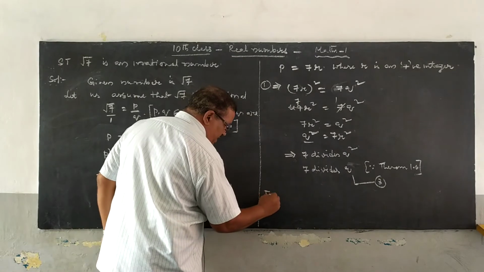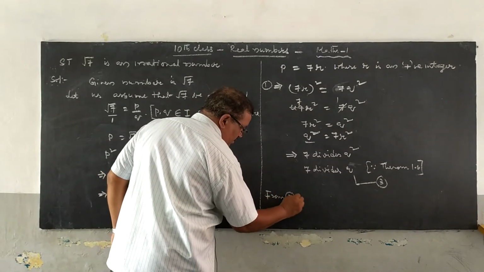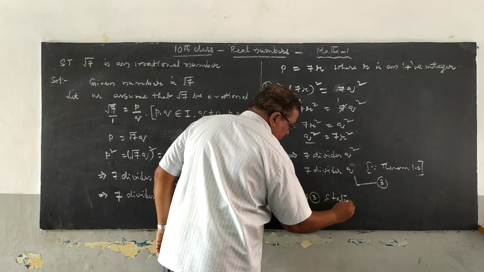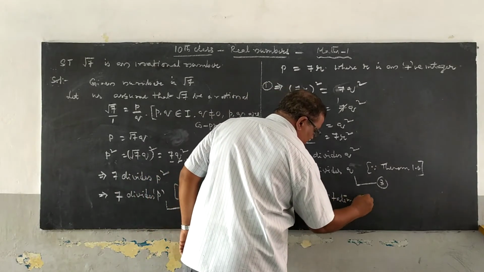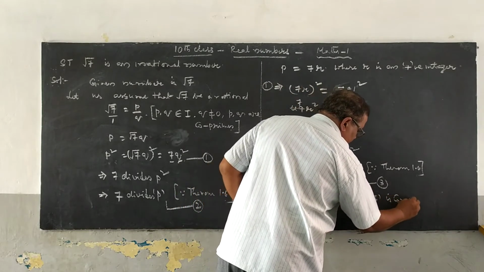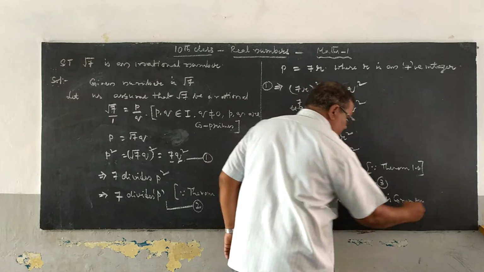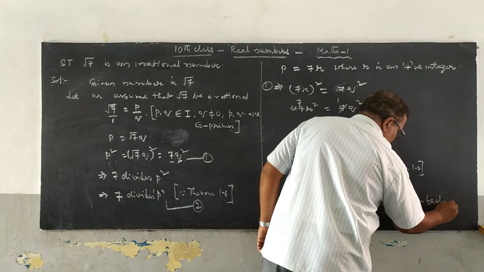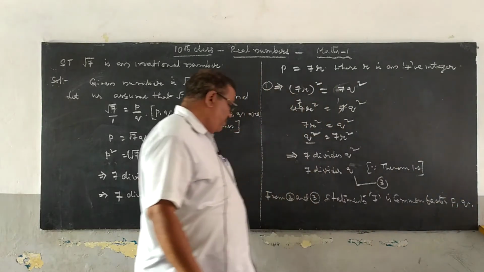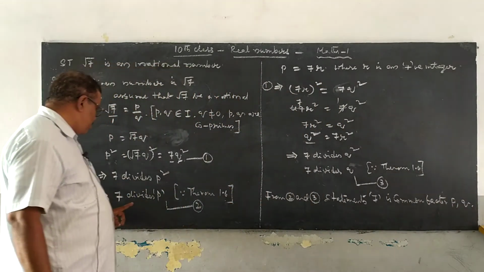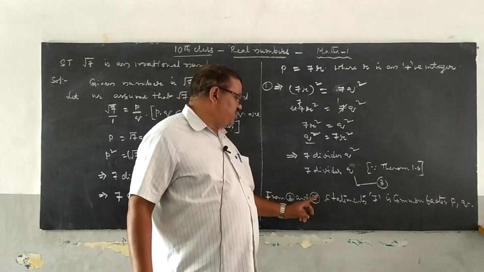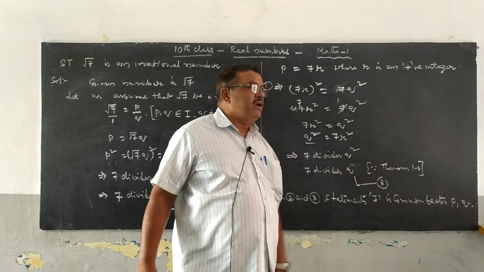From statements 2 and 3, 7 is a common factor of p and q.